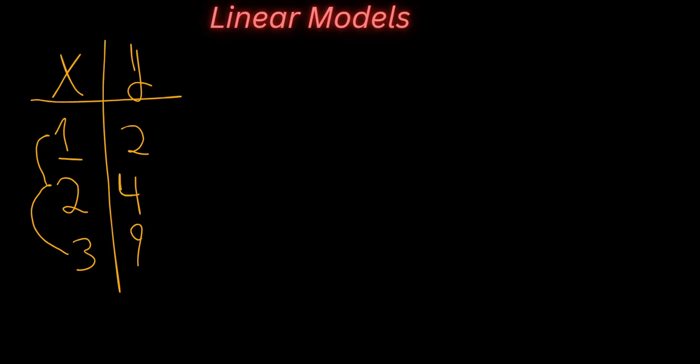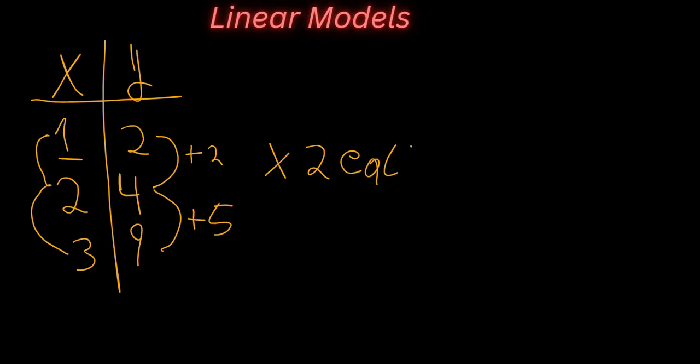But let's take a look at the y here. This time we added 2. Then on the next jump, we added 5. But what it really looks like we're doing is multiplying by 2. Multiplying by 2 each time.